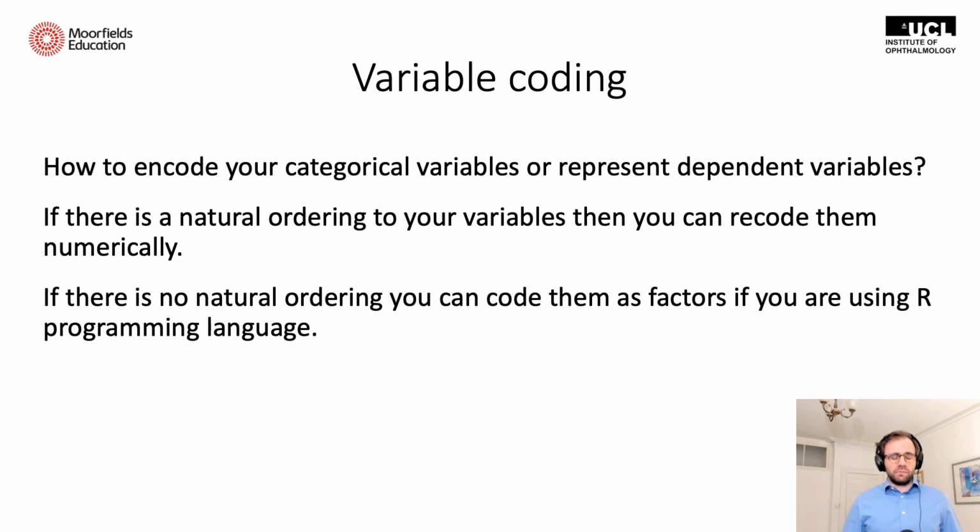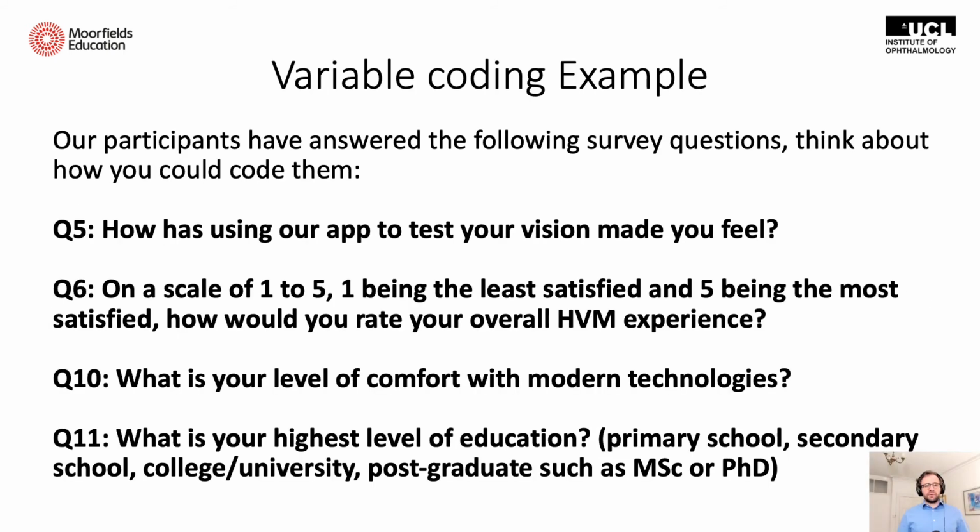So just to get you thinking a bit about coding, a perfect example of variables that would need to be coded is, I mentioned there was a survey in our data, so we had to code the variables of our survey because they were categorical variables. Out of these questions, try and think about how you would code them. For instance, question 5 of our survey was, how has using the app to test your vision made you feel? That was on a scale from 0 to 5.